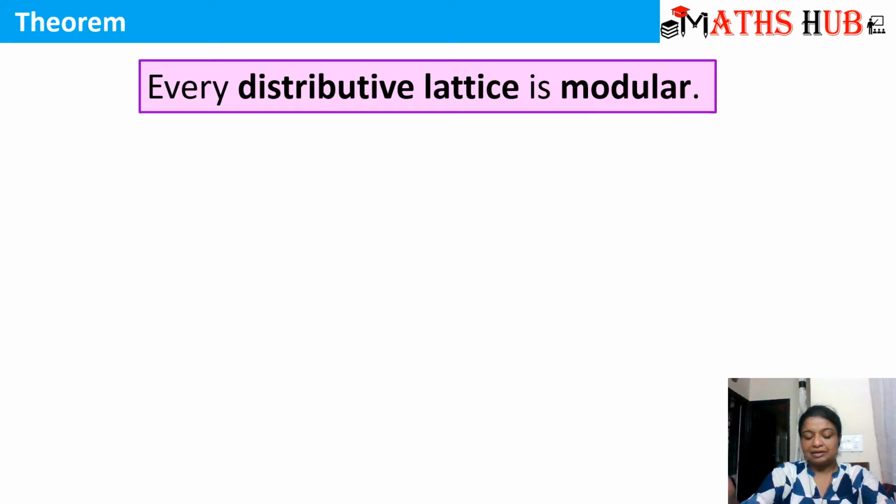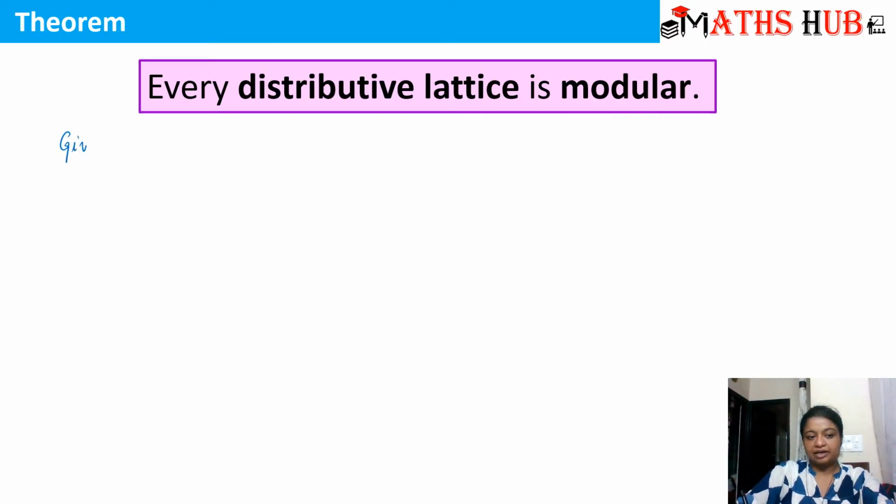So now let's see some examples, and before we move on to an example, let's do a standard result. This is a theorem which says that every distributive lattice is always modular. Let us see how to prove this. What is given to us?